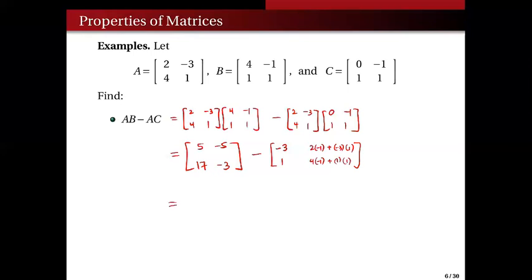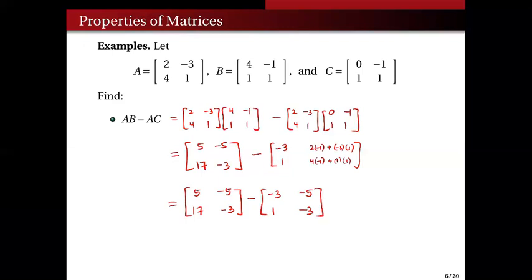Okay? So in here, let's copy first 5, negative 5, 17, negative 3, and then minus, we have here negative 3 and then 1 here. And then for this, we have negative 2 plus negative 3, that's negative 5. Then here, negative 4 plus 1, that's negative 3.